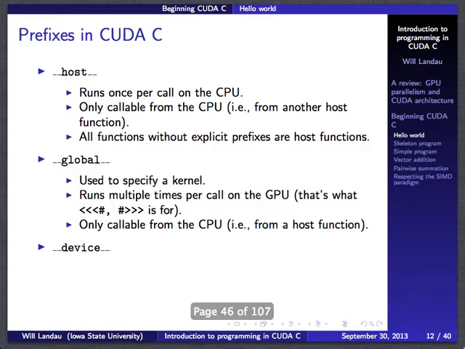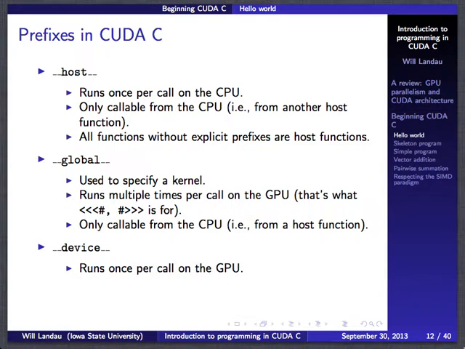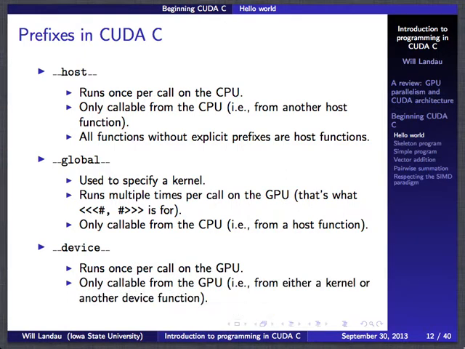And I say that because there are also things called device functions. You don't want to just have kernels because you may want to break up instruction sets in the GPU into multiple functions, and device functions allow you to do that. They run once per call, and they can only be called from kernels or other device functions.